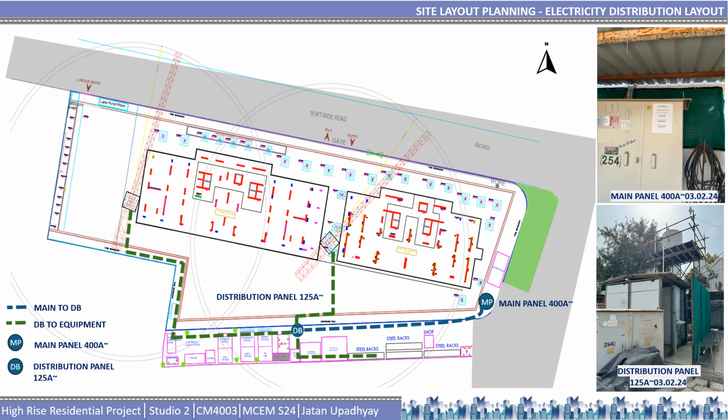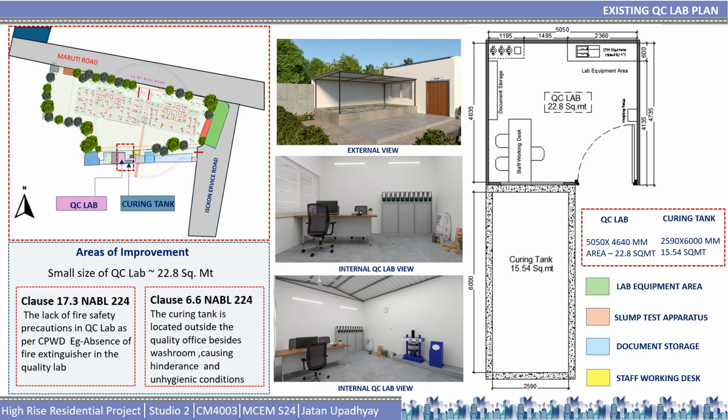The distribution panel supplies electricity to all required locations, such as tower cranes and site offices. The first tower crane is located between Tower A and Tower B, and another tower crane is situated near Tower B.